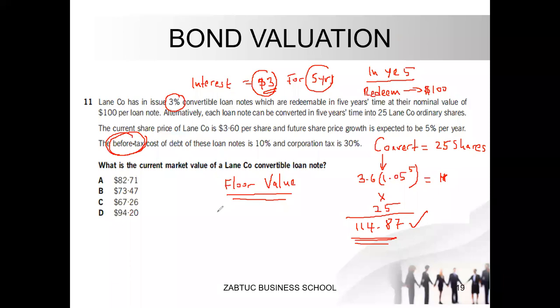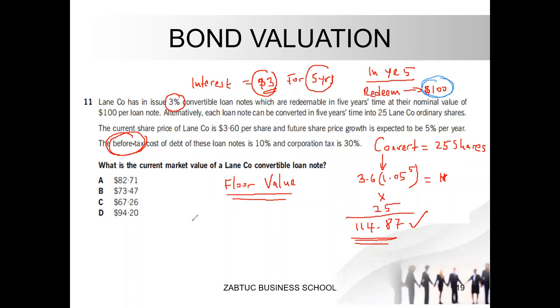The floor value of the bond is a value calculated on the assumption that you are going to redeem at 100. So that's what we have, $100.